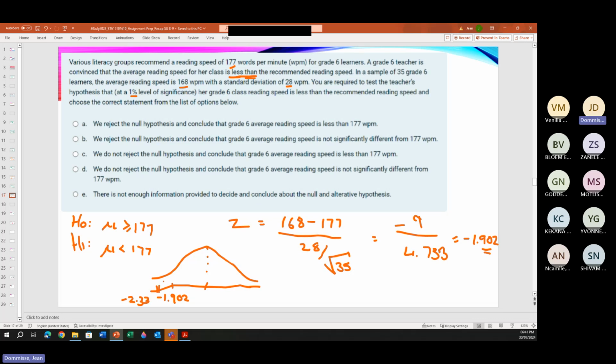So that falls within. The critical value is bigger than the T stat, so that means I will actually accept the null hypothesis.